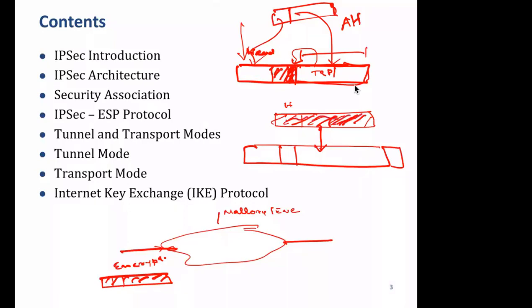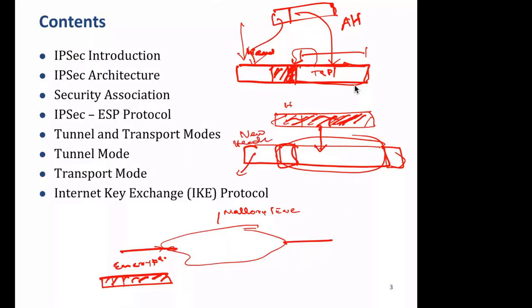So how can the recipient decrypt it, and how can it do the authentication check? Because you can do encryption and authentication. You have to put this packet in encrypted form, add additional fields here and here, and then add a new header. Why do you need a new header?